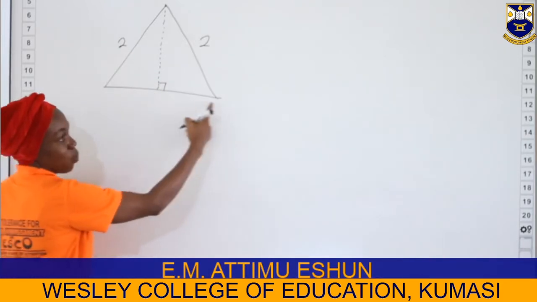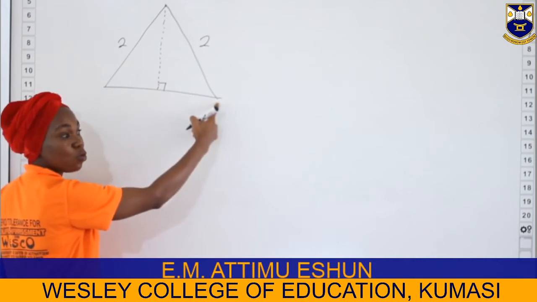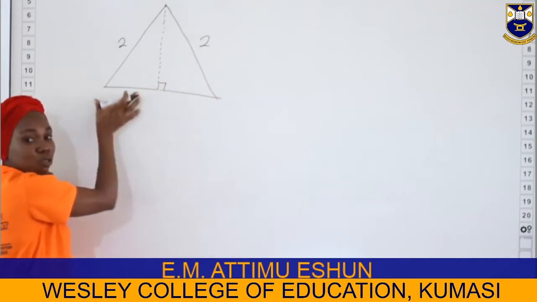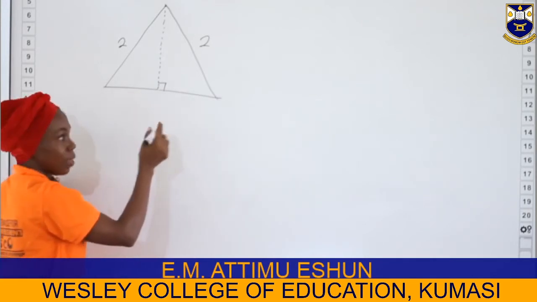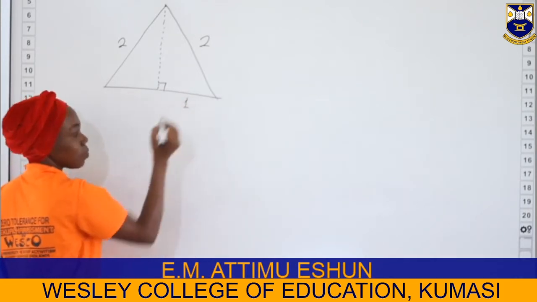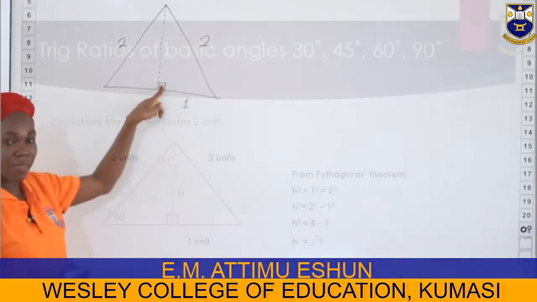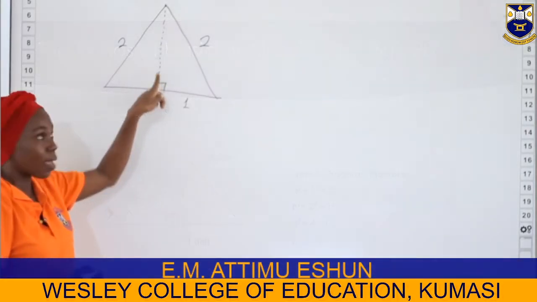Now, the baseline would also have a length of 2 units. So, this altitude would have divided that 2 units into 2 equal parts. And so, one part will be 1 unit. Now, this angle in here is 90 degrees.